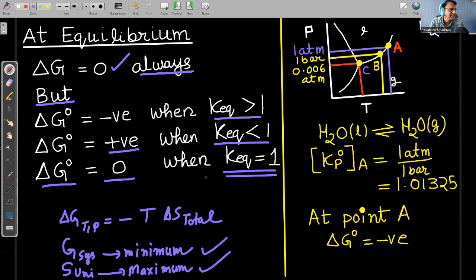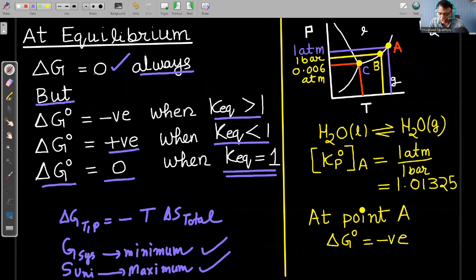So there is a question in JEE Advanced that when the value of delta G naught is equal to 0, it may be 0 at equilibrium provided the value of equilibrium constant is equal to 1. So it may or may not be equal to 0 at equilibrium, but delta G is always 0 at equilibrium.